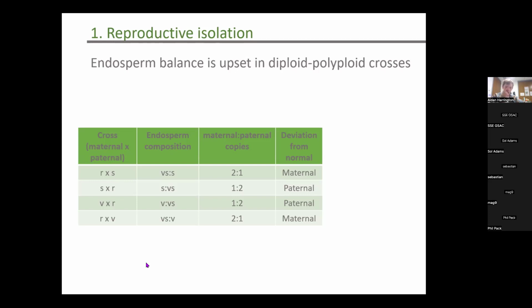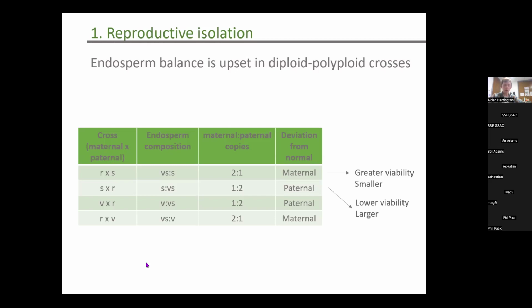Or if we did a Stellata times Rhomboidea cross, we end up with a 1:2 ratio of maternal to paternal copies. And that's a deviation that favors the paternal genome. And we can make predictions about how these things will influence the viability of seeds. Typically, maternal bias leads to greater viability in smaller seeds, whereas paternal bias leads to lower viability and larger seeds.